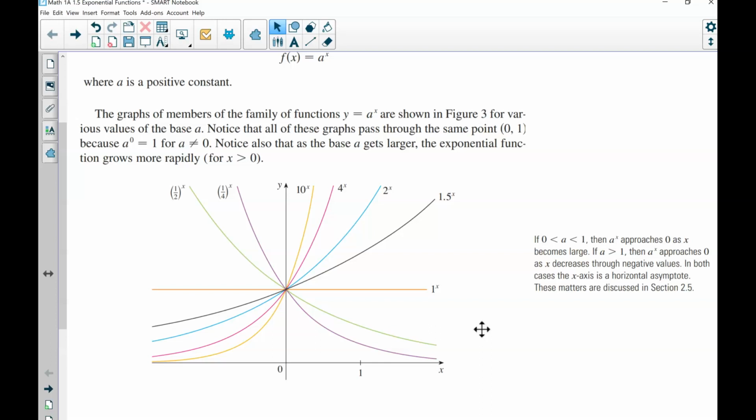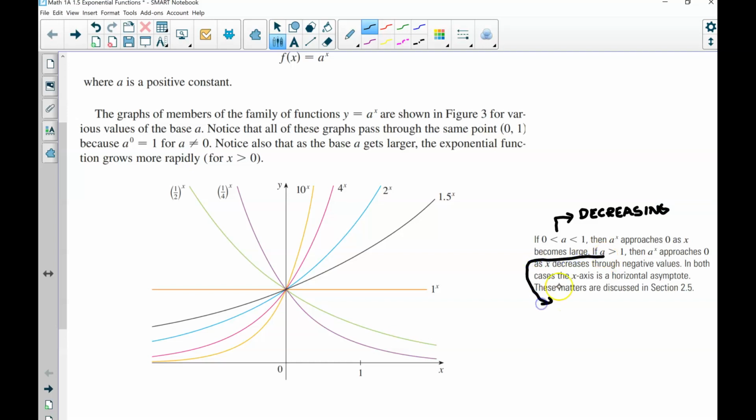So you would want to make note that it's decreasing when the base a is in between 0 and 1. And then if a is greater than 1, then we know that it would be an increasing function.